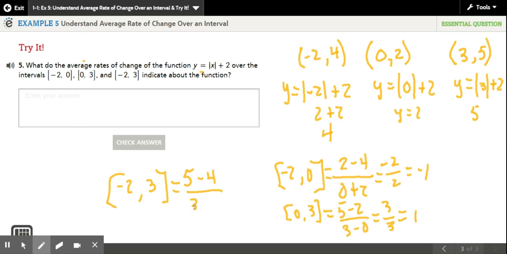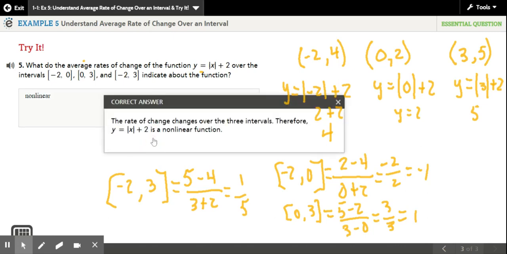So 3 minus -2 is 5. So you end up with 1 over 5, 1/5. So what does it indicate about the function? It's nonlinear. Since the rate of change changes over the 3 intervals, that equation is a nonlinear function.